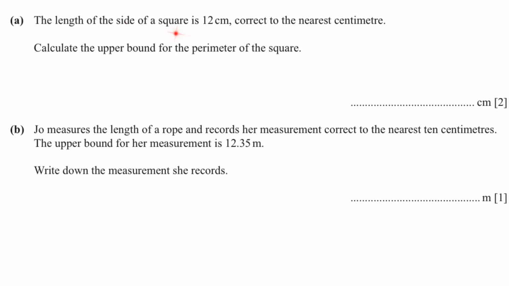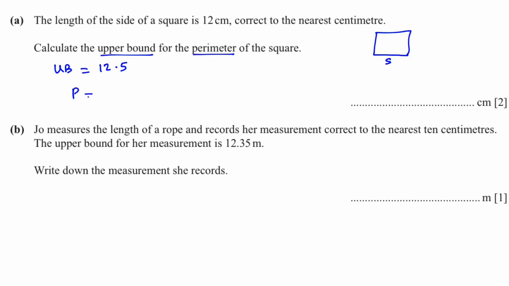The length of the side of a square is 12 centimeter, correct to the nearest centimeter. Calculate the upper bound for the perimeter of the square. So for the perimeter, you know that there are 4 sides. We need to add these 4 sides together to get the perimeter. They want the upper bound. Upper bound of 12 centimeter will be 12.5.